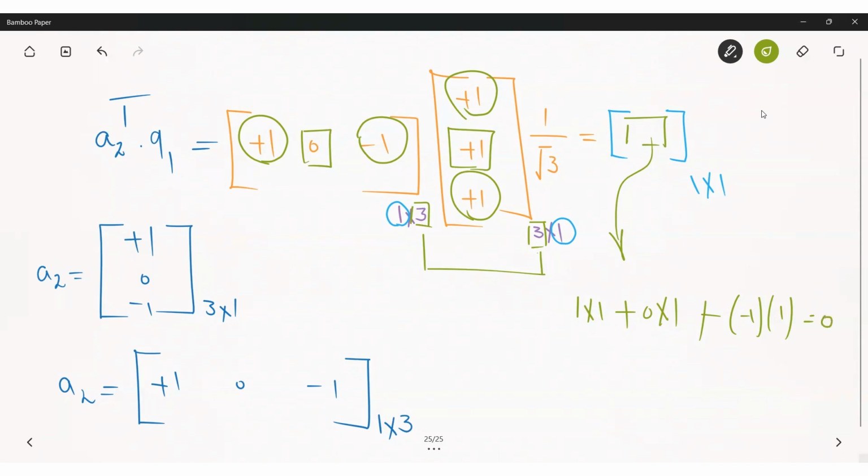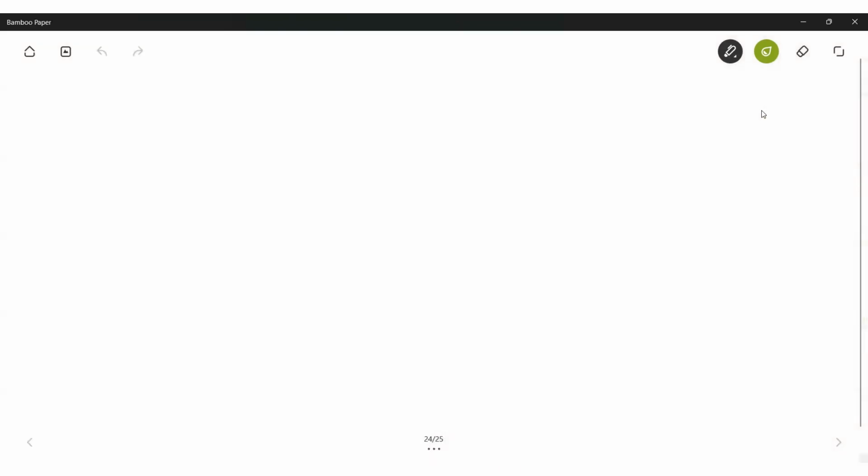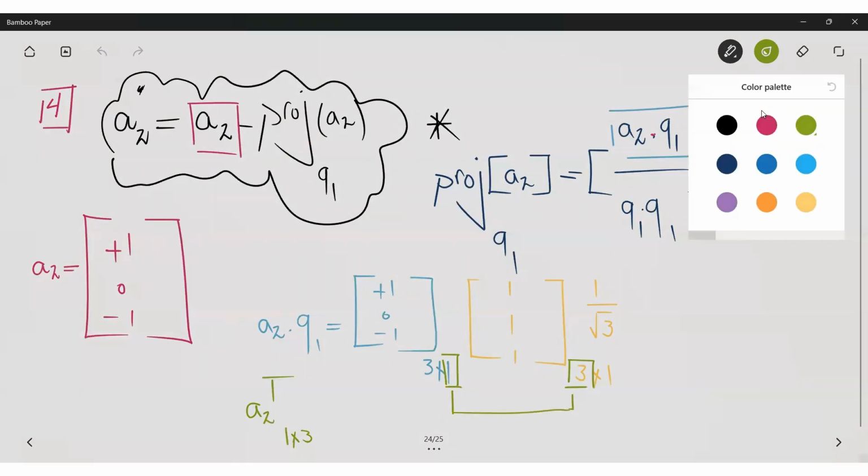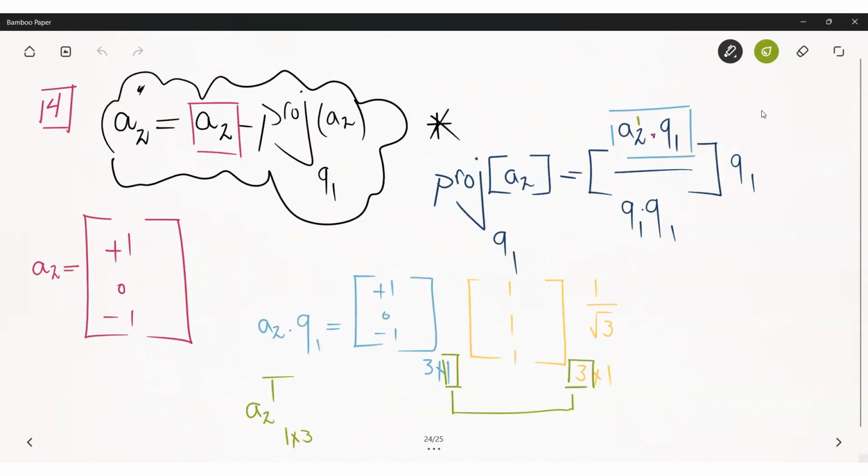Then, look at that. What happened? We got A2 transpose times Q1, which is essentially, if I go to the previous page, this one. A2 transpose Q1, which is the numerator of the projection of A2 along Q1, is 0. 0 over the denominator becomes 0. 0 times something becomes 0.